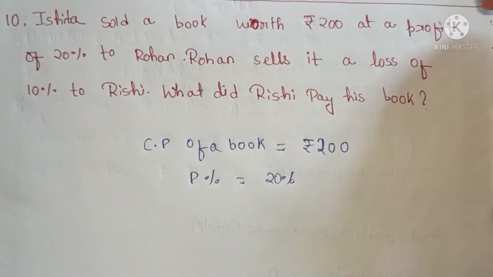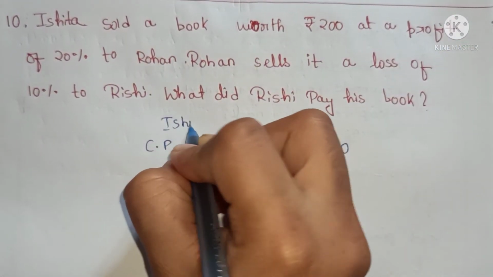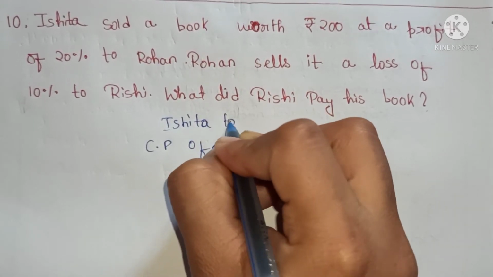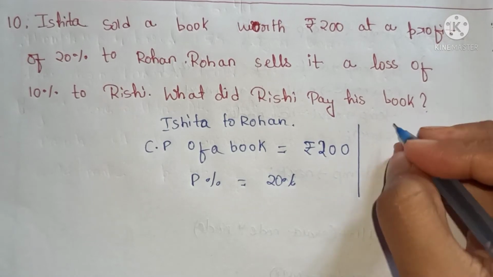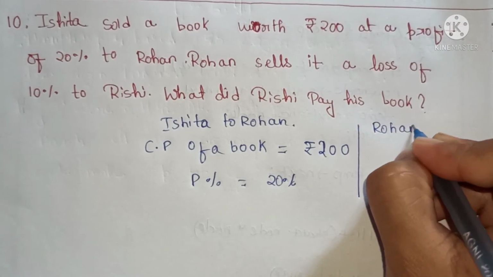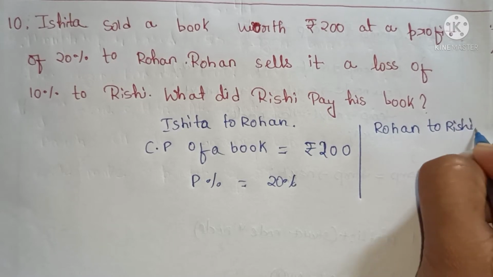Rohan sells the same book at a loss. Ishita sells it to Rohan. Now, when Rohan has purchased the same book, he is selling it to Rishi. Rohan to Rishi.